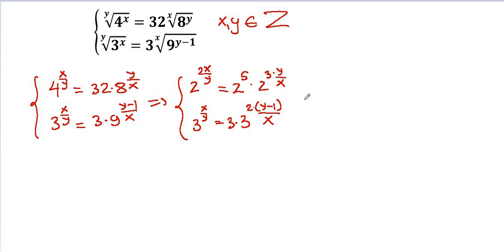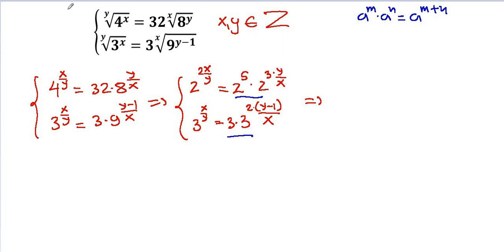Now we see that the right hand side of each equation is appropriate to this formula: a to the power of m times a to the power of n is equal to a to the power of m plus n. And we see that bases are the same on each side, so we can add exponents.